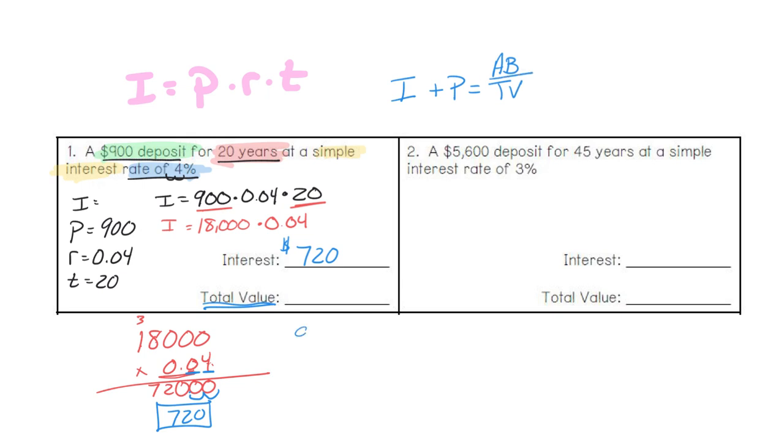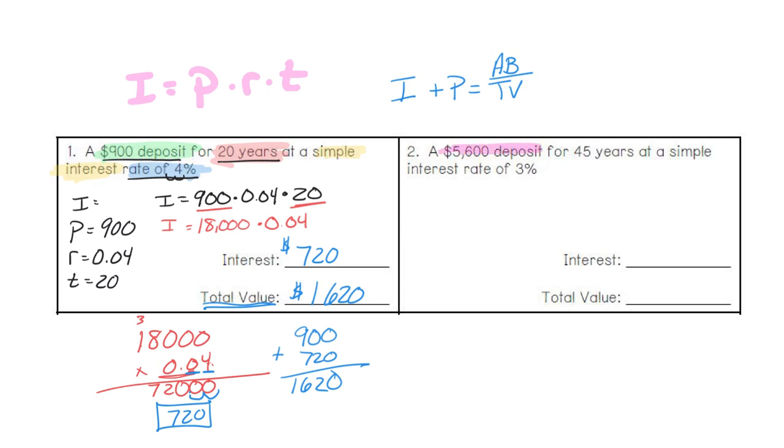Let's take 900 plus 720. 0 plus 9 plus 7 is 16. So the total value of the account in 20 years is 1,620.